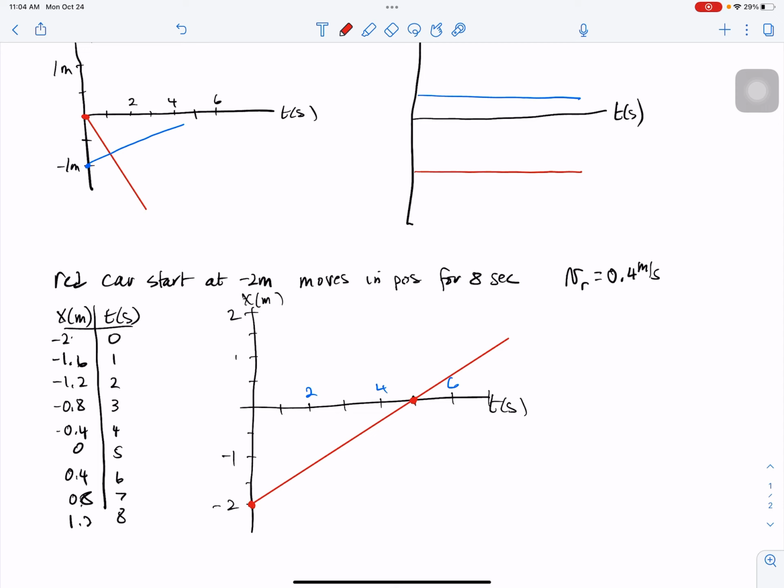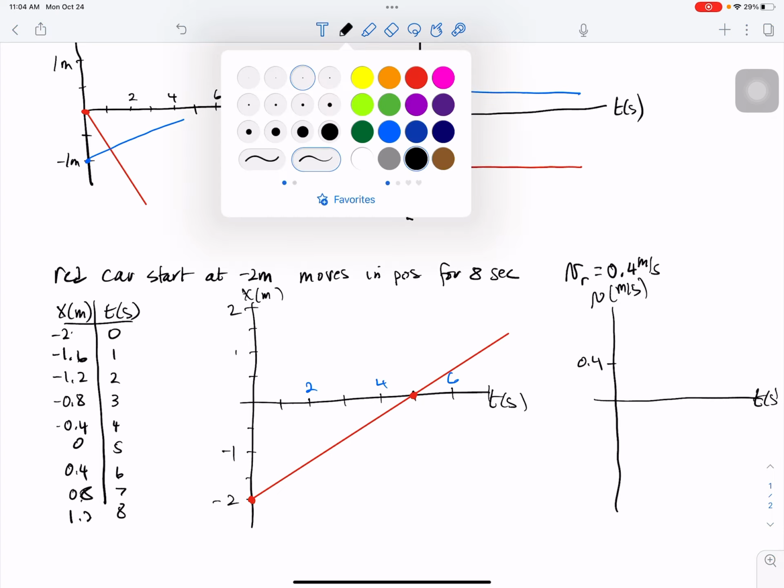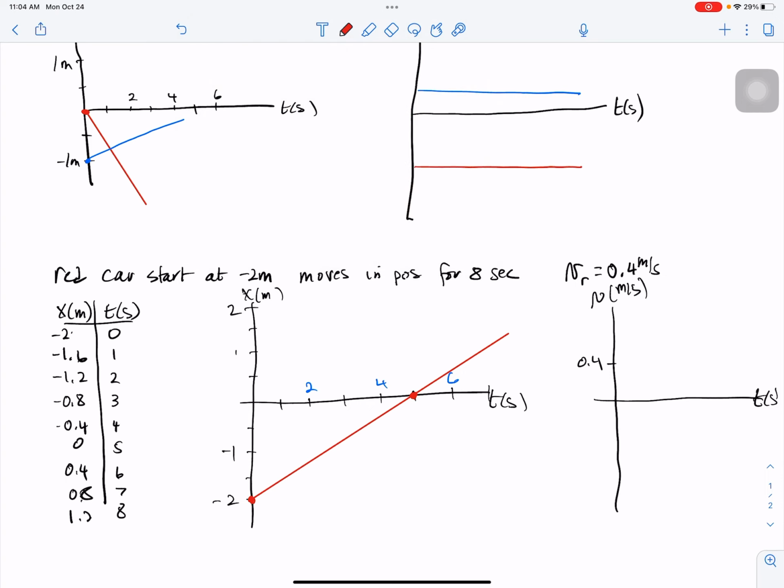You can plot all the points if you need to, but if you don't, it will not be wrong. When I was in high school, I would need to emotionally plot all the points. And then the velocity and time, constant velocity, you really only need to have one hash mark, which is 0.4. And you've got a straight line going across. That's it.